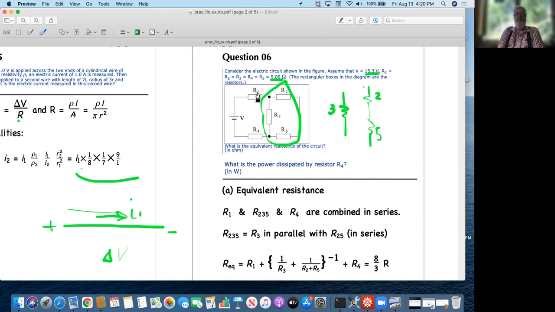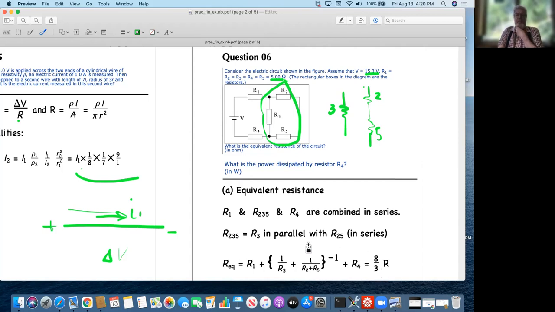So the equivalent resistance is R1 plus R235, which is 1 over R3 plus 1 over R2 plus R5. Then the reciprocal of that, that's the resistance of this combination of three resistors, plus R4, because that's in series. And that turns out to be 8/3 R.